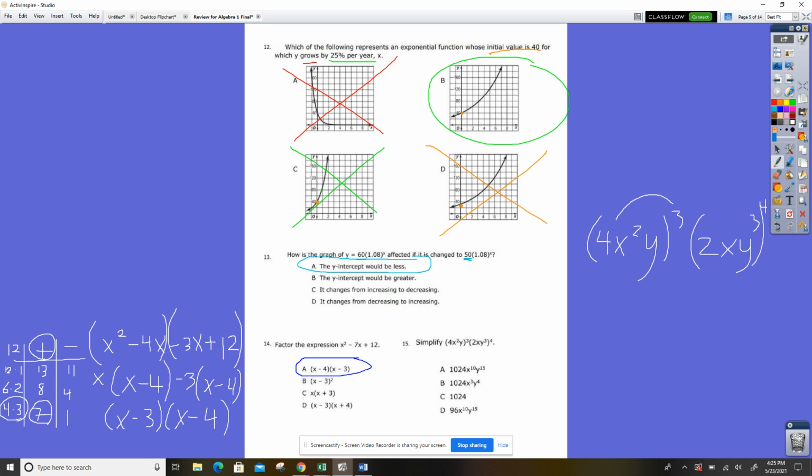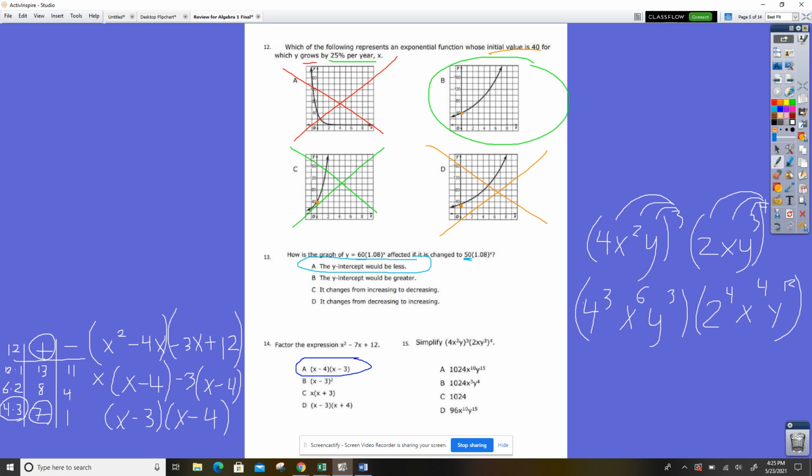Okay, so it goes to the 4, it goes to the x, it goes to the y. It goes to the 2, it goes to the x, it goes to the y. So I'm going to have 4 to the third. And then when I have a power raised to a power, I multiply. So x to the sixth, y to the third. And then I have 2 to the fourth, x to the fourth, and y to the 12th.